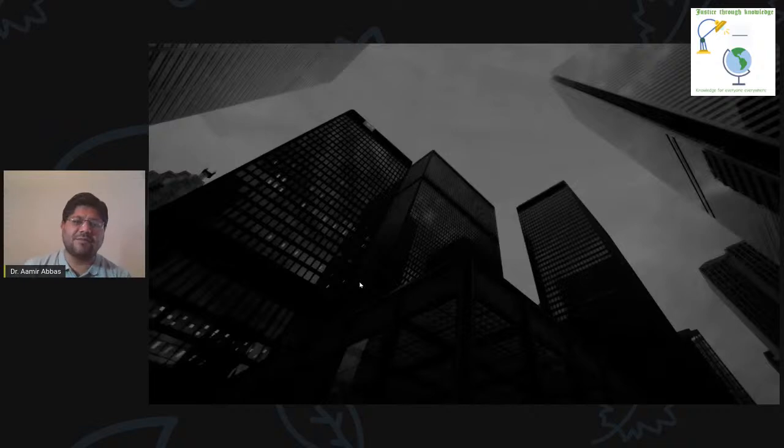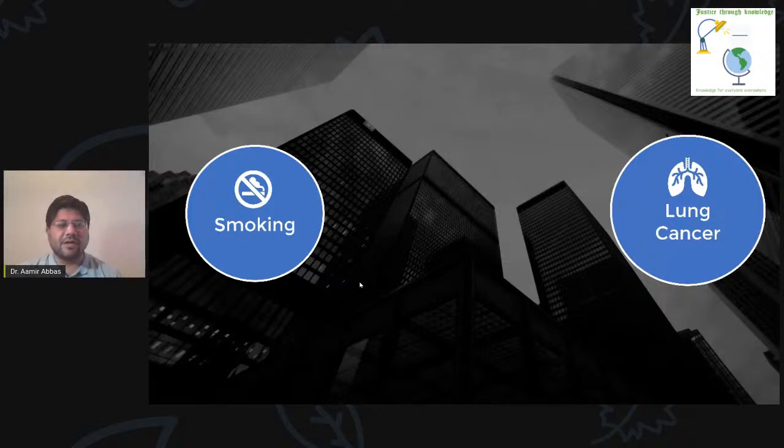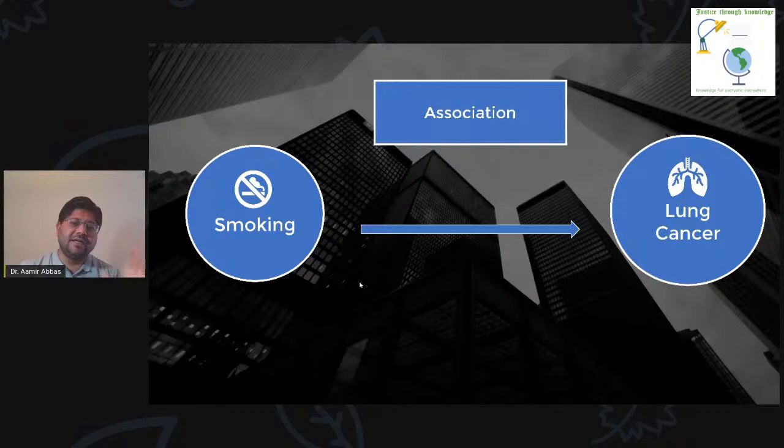And what does that mean? Let me explain shortly. So we take the classical example of smoking and lung cancer. When we want to check whether there's an association between smoking and lung cancer, what do we mean? Ultimately, we want to imply that smoking leads to lung cancer. But if we are able to establish an association between smoking and lung cancer, what does that mean?